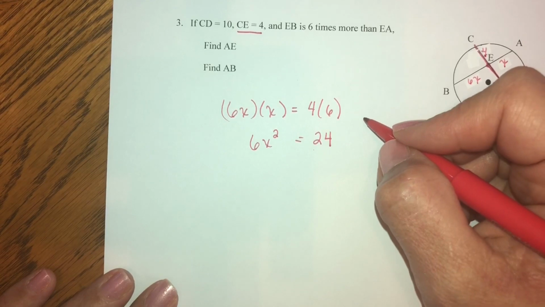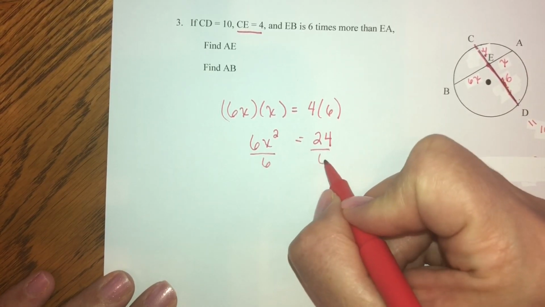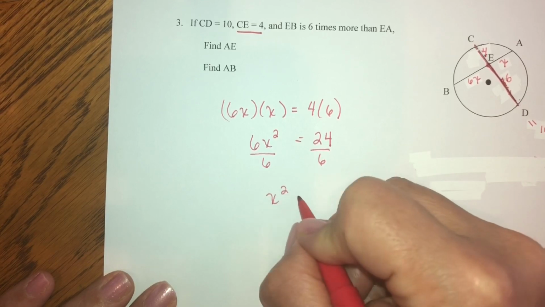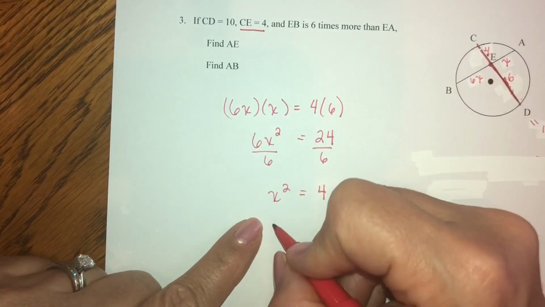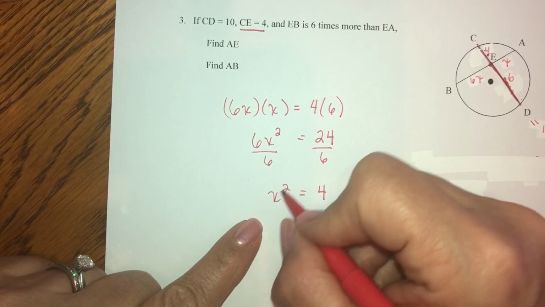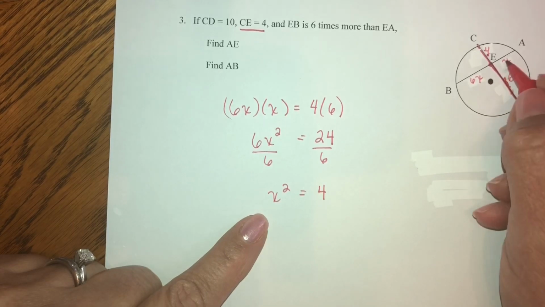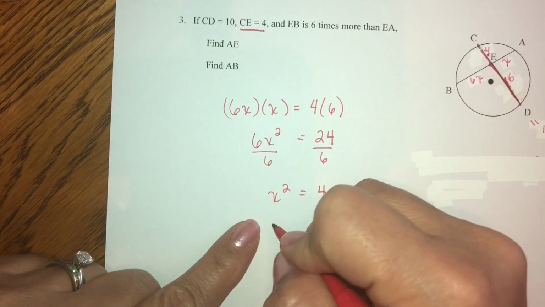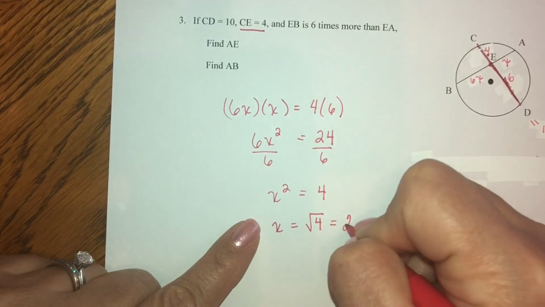When I'm solving a problem like this, I can divide by that coefficient that's out in front, so x squared is equal to 4. And then normally I would have to worry about the fact that x squared, well, this could be negative 2 squared or positive 2 squared, but since we're talking about a side measure in a figure, I don't have to worry about that. So x will just be the square root of 4, which is 2.